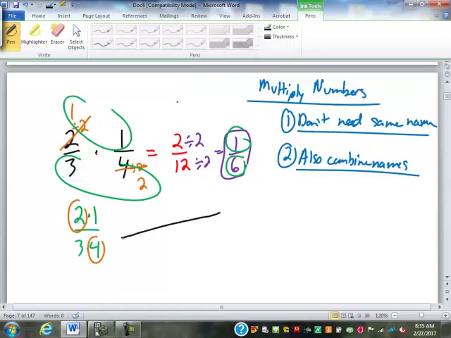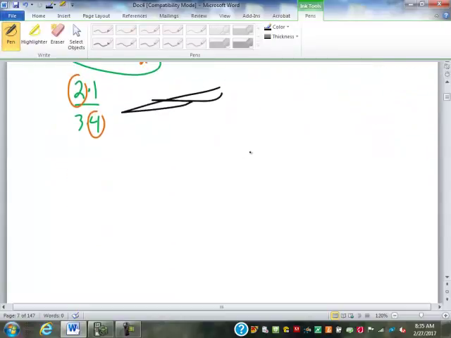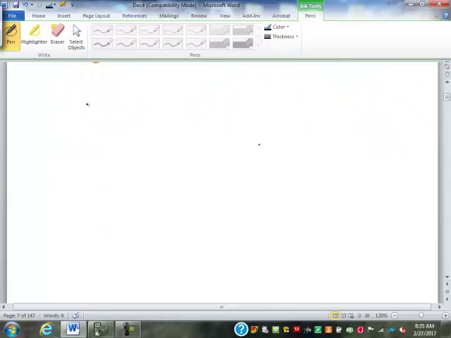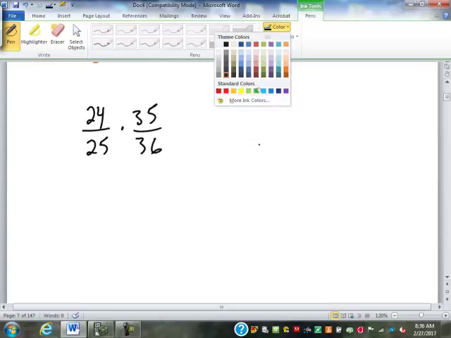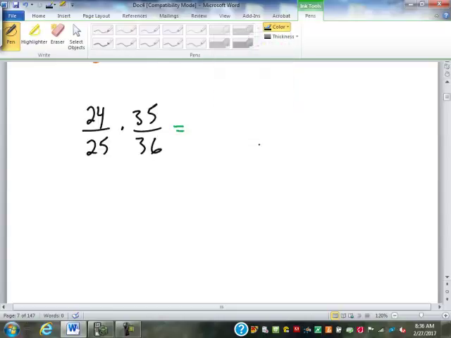Now in a problem like this one, it's about the same amount of work either way, to cross cancel first, or to just multiply it out and reduce. But we can run into problems like this: 24/25 times 35/36. We could go ahead and multiply that out. I mean, 24 times 35 is what, 840?